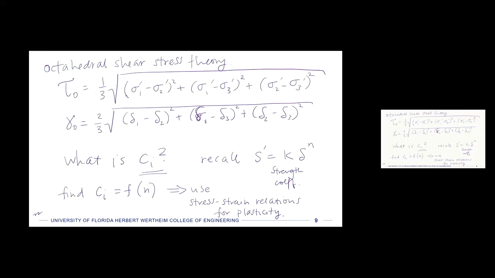All right, so how are we going to get there? What the book has us do is apply a uniaxial test case so that we can come up with a simple expression and then plug it back into the octahedral shear stress. For the case of uniaxial tension, sigma prime 1 is greater than 0, and sigma prime 2 is equal to sigma prime 3 is equal to 0.